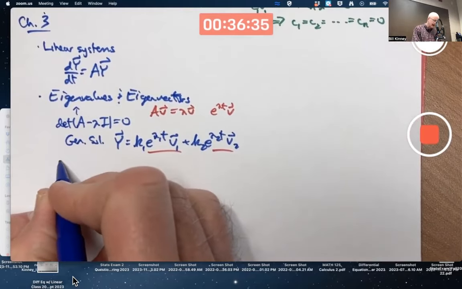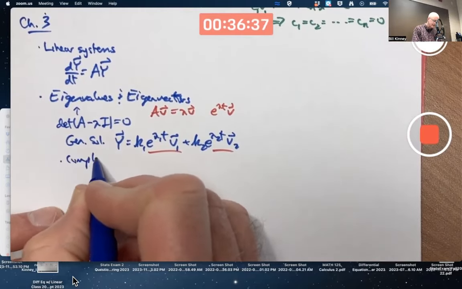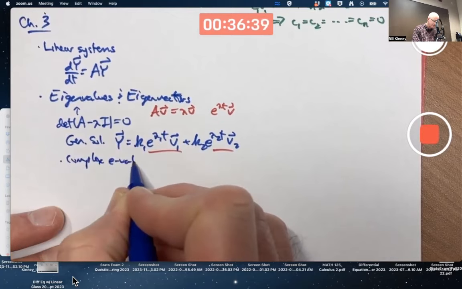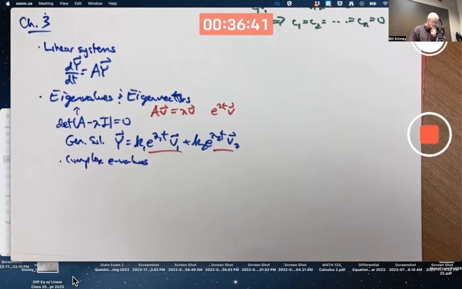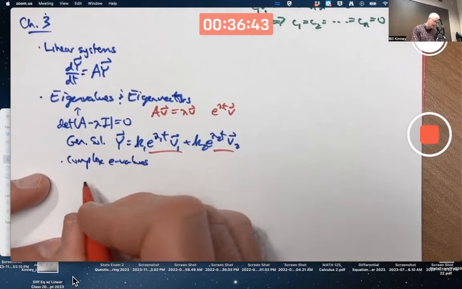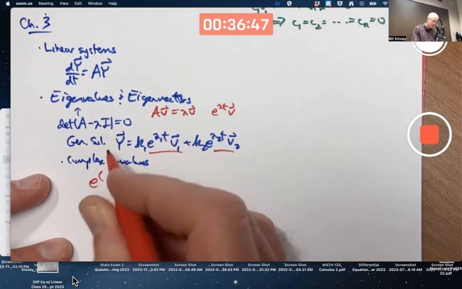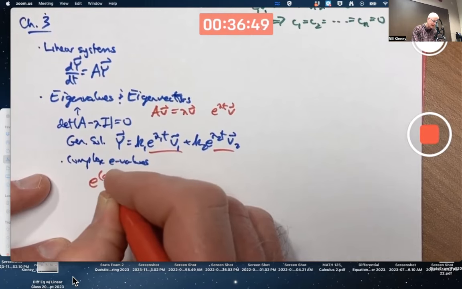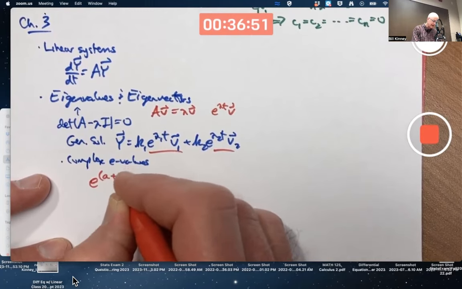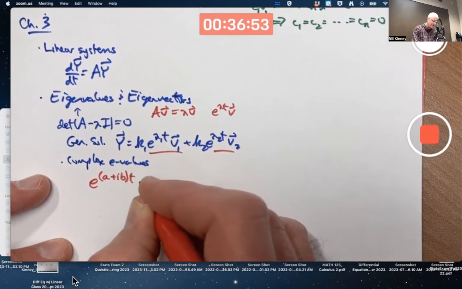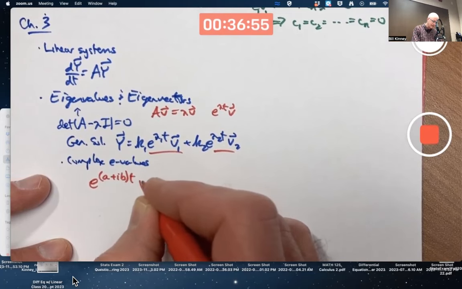There's also the complex eigenvalue case. There you have to write down a complex solution. I'll write the eigenvalue as a complex number, a plus i b, times t, times a complex eigenvector.